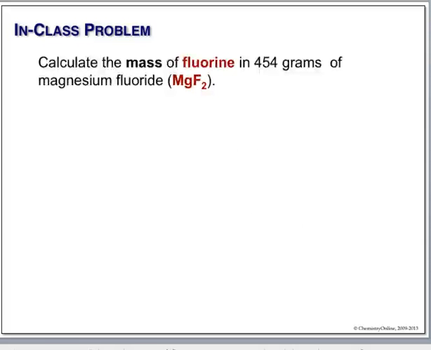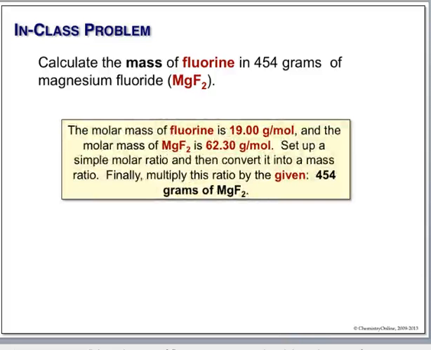What's the mass of fluorine in 1 pound of magnesium fluoride? That's 454 grams. Well, you see, this is a twist on the thing. Here, we're going to have to figure out basically the percentage of fluorine in magnesium fluoride. So we're going to set up our mole ratio, convert it to a mass ratio. We could calculate the percentage there, right? So, fluorine is 19.